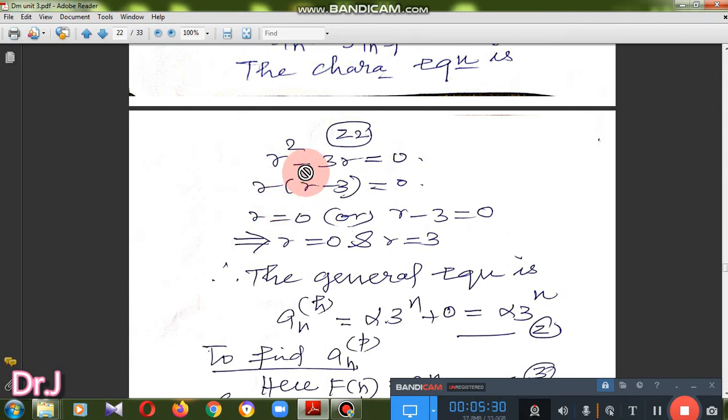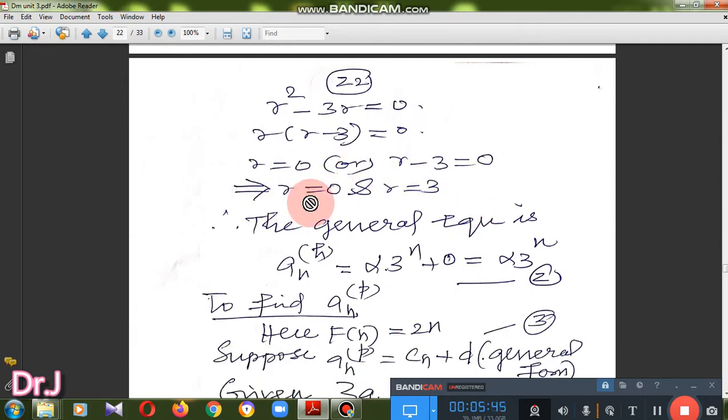It implies that the product of both must be 0, so r must be 0 or r minus 3 must be 0. That's what the algebra says. So we get two roots, r equals 0 and r equals 3. Since it is a quadratic equation, we have two roots.